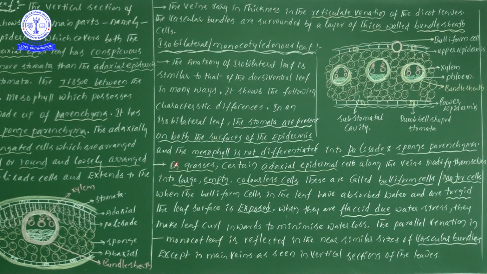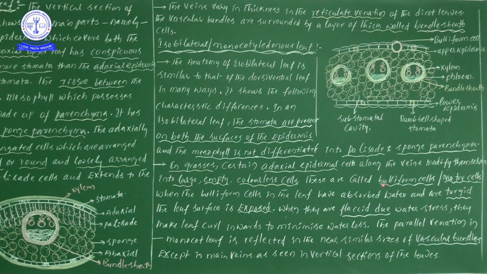Next one, in grasses, this is important. Most of the time they ask this in NEET. In grasses, certain adaxial epidermal cells along with the veins modify themselves into large, empty, colorless cells. One more time, large empty colorless cells develop.